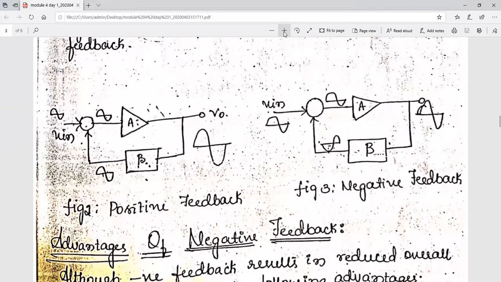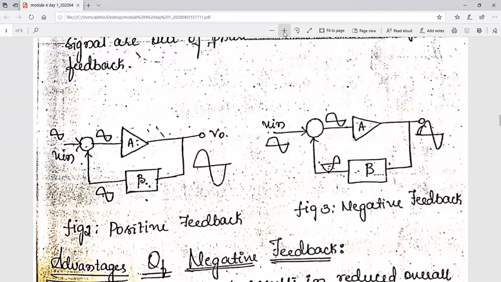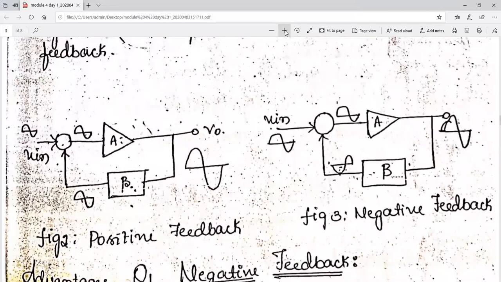So here, in the positive feedback, this is my input signal, a positive peak followed by a negative peak, and the feedback signal is also a positive peak followed by a negative peak.